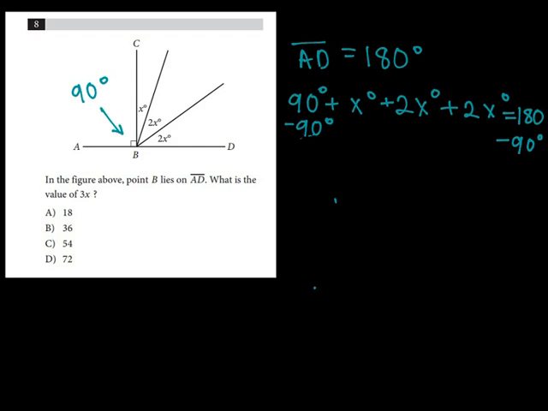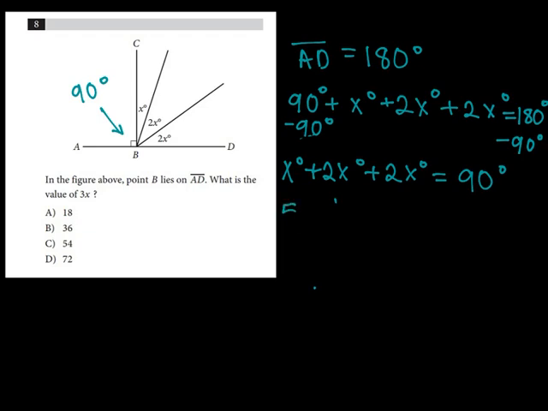So if we subtract 180 minus 90, it's just 90. So now we have x degrees plus 2x degrees plus 2x degrees equals 90 degrees. And now let's just simplify the x's.